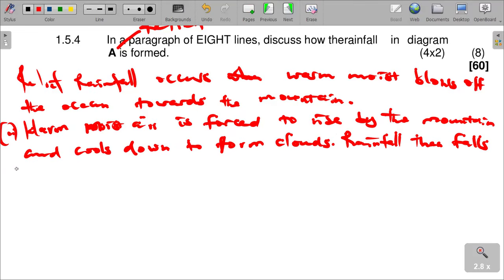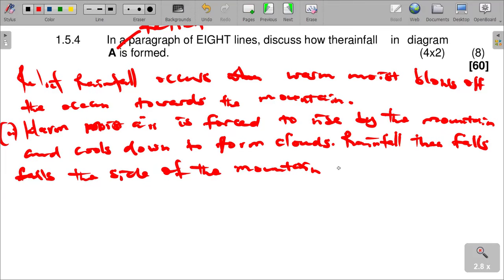Rainfall then falls on the side of the mountain that faces the ocean.